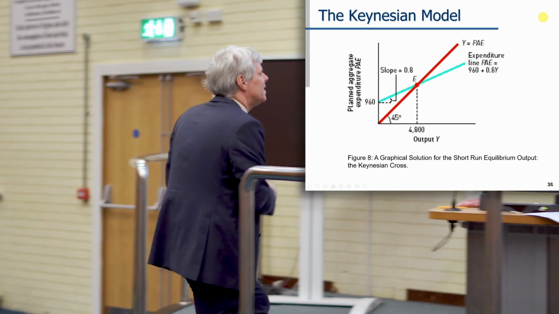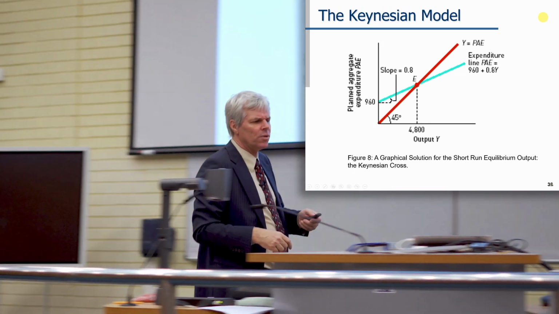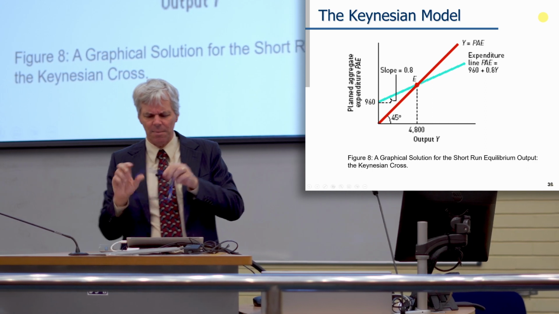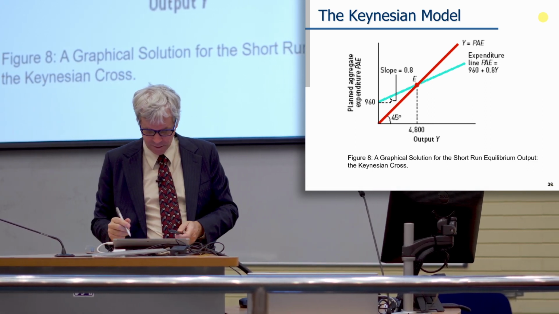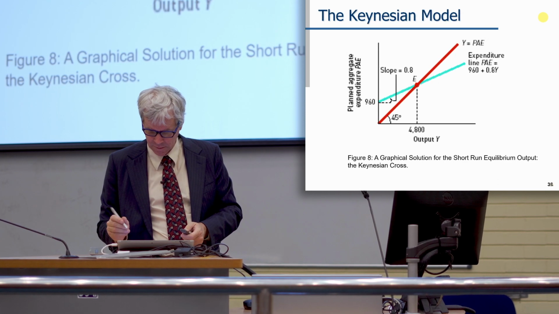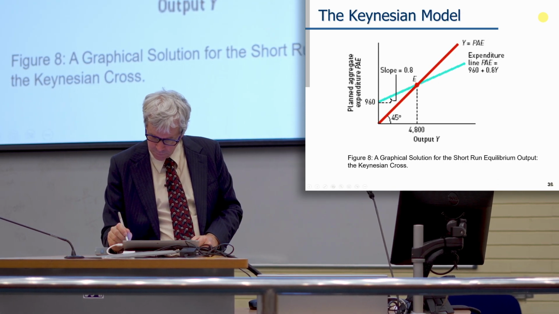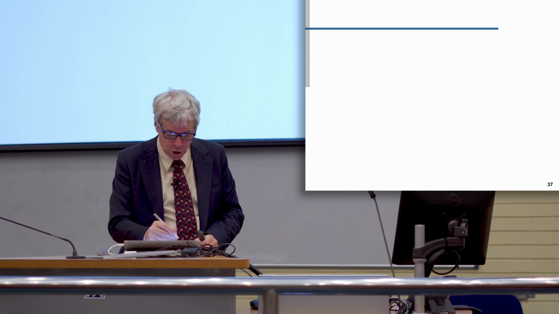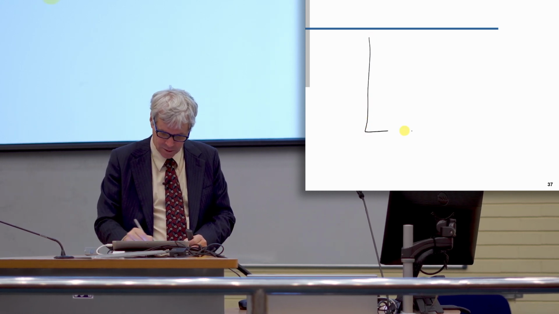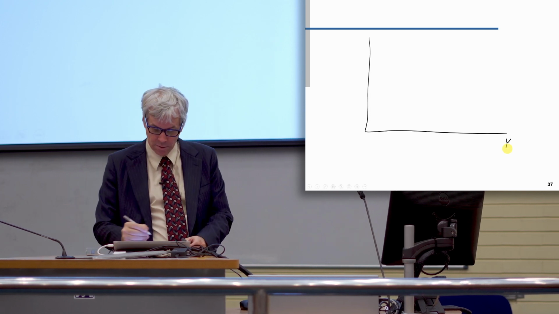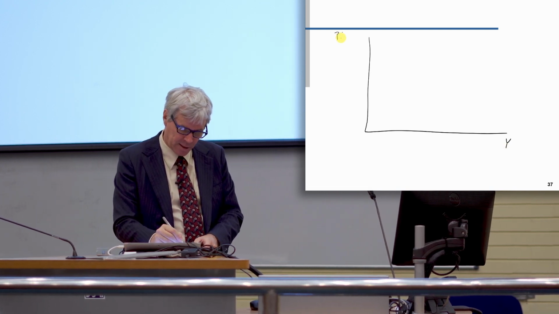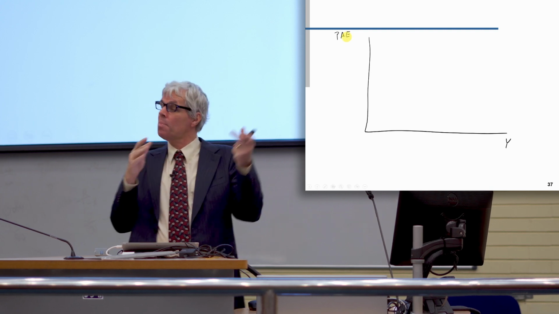Let me instead, I think it's more helpful to look at these graphs this way. Let me sort of draw them out. So I'm just duplicating those graphs. So here we've got Y, income, output, and here we've got planned aggregate expenditure, right?